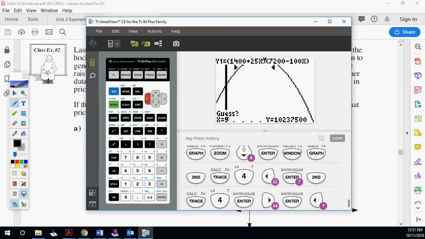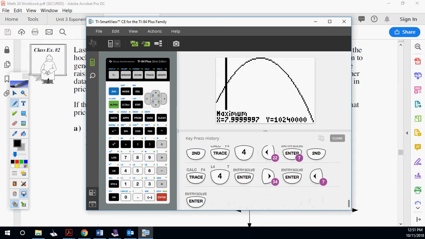Close to the top. Okay, so 8. So in order to maximize their revenue, they need to raise it 8 times. So that means 8 times 25, they want to raise it $200. Okay, so they want to raise their tickets from the, what was it, 1,400 to 1,600, and that will maximize their revenue based on the results that they got from the data people. Okay, so that's what we just figured out.